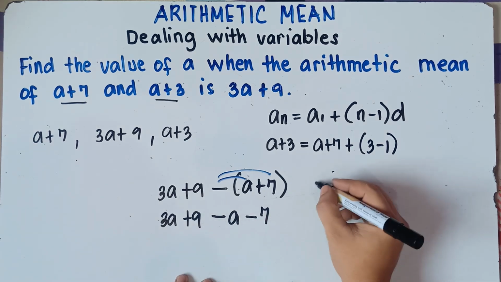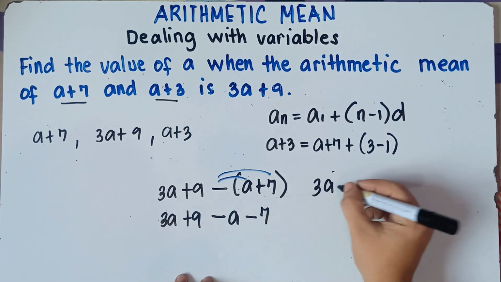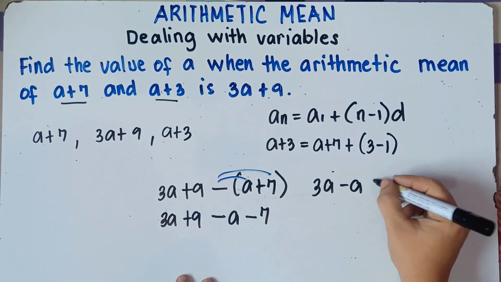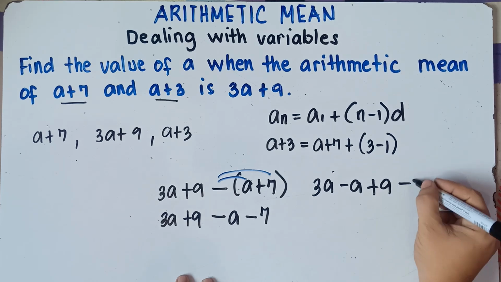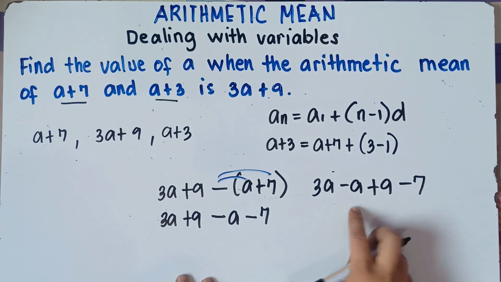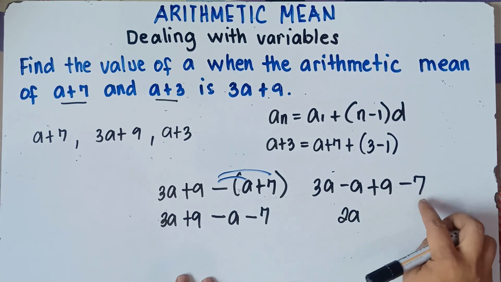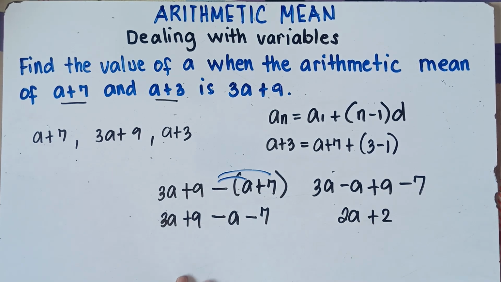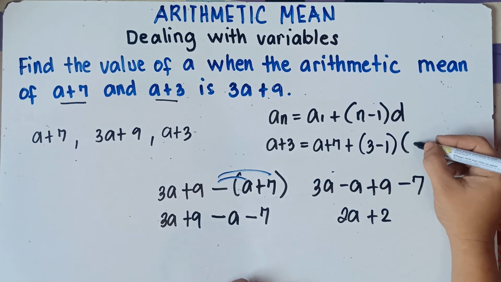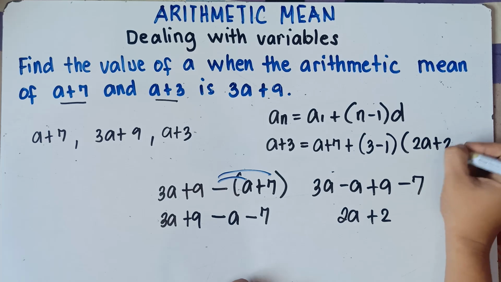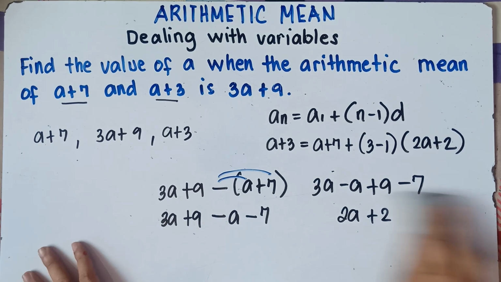This will be 3A, then negative A, and then positive 9, and then negative 7. So 3A minus A, that's 2A. 9 minus 7, that's positive 2. So therefore, the common difference is 2A plus 2. That's the common difference, class.